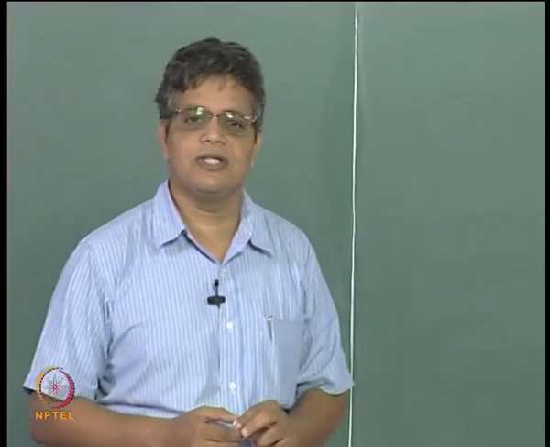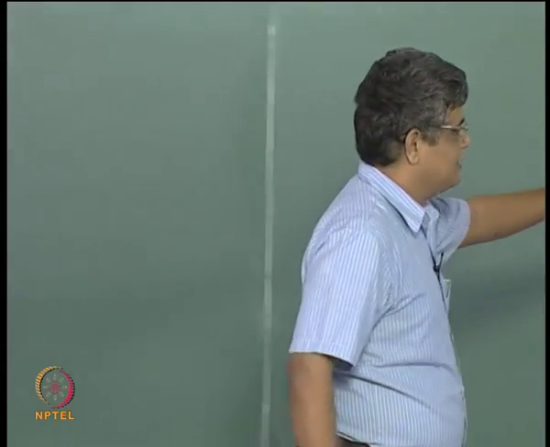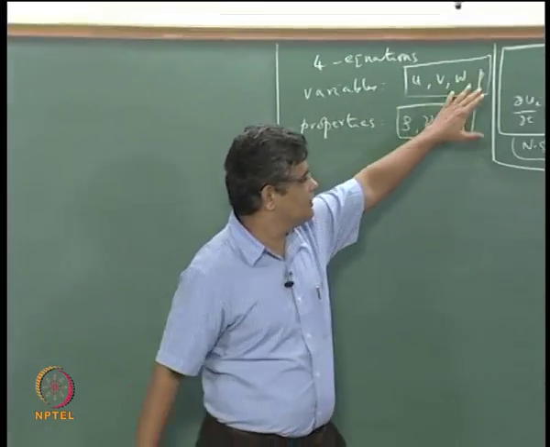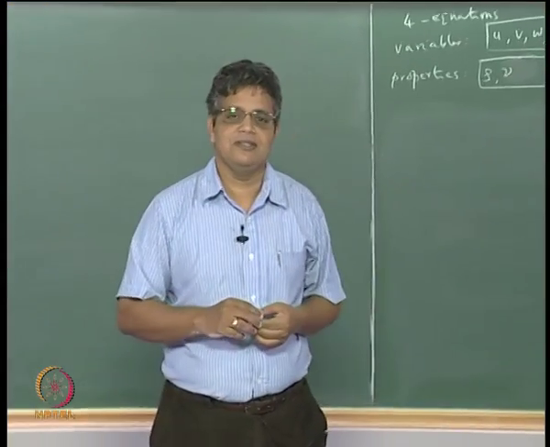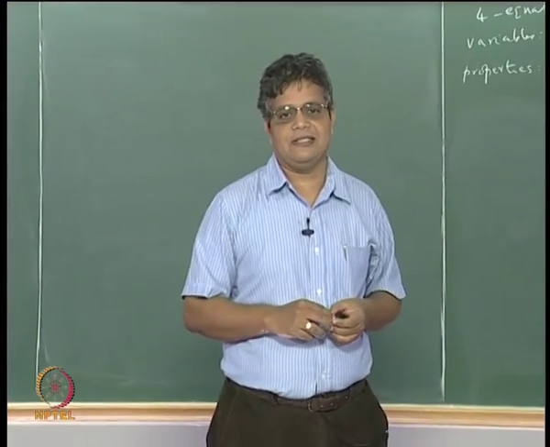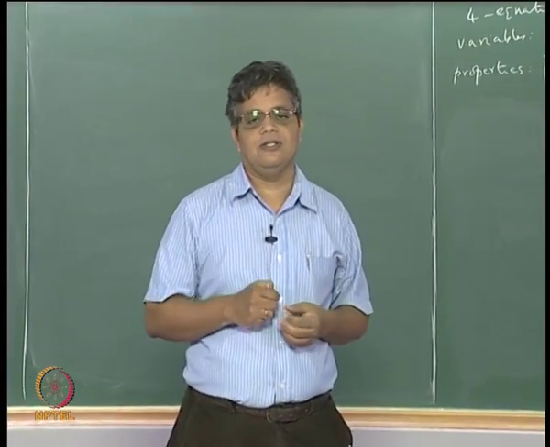We now have the equations which describe the motion, and these equations are here. We have the continuity equation and the 3 momentum equations written in the index notation for a Cartesian coordinate system, and these equations are valid at every point within the flow domain.